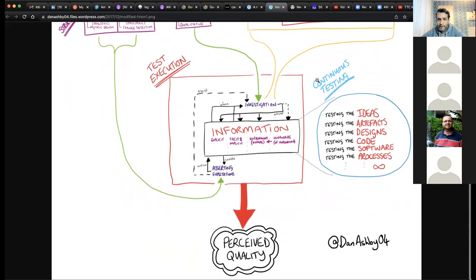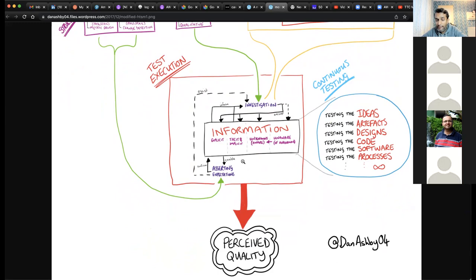Now, going a little further, what they have also considered is the execution part. And they made this big box where they've categorically mentioned information as explicit. Then there is tacit and implicit information. Then there are unknowns which you are aware of, and then unknowns which you are not aware of.